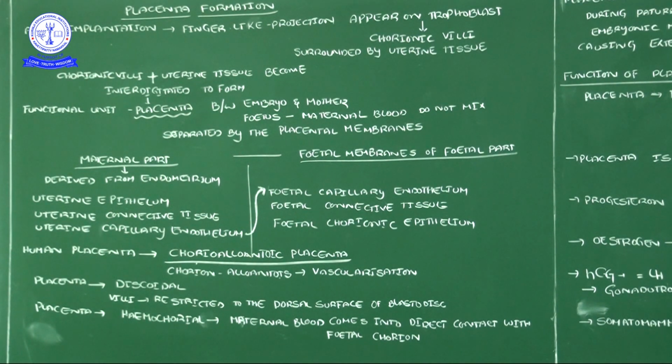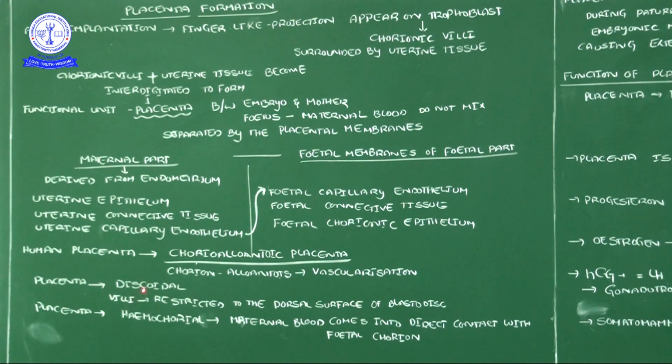That is the thing. So in the first column we discussed how the placenta forms, and what the significant characteristics of the placenta are, and based on that, what names are given. Placenta we call chorioallantoic, based on which of the extra embryonic membranes are involved in the formation of the placenta.